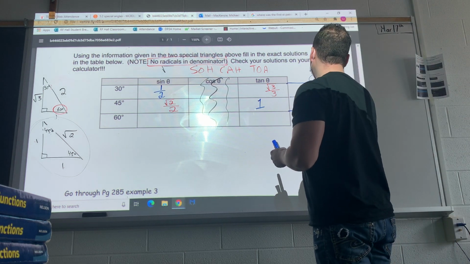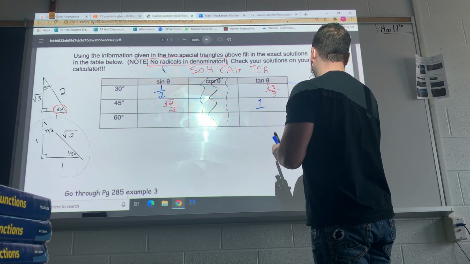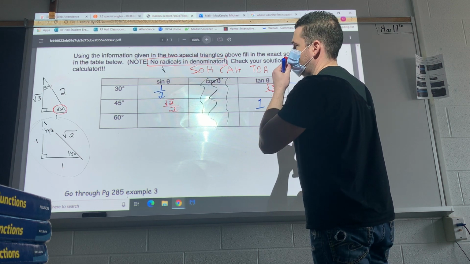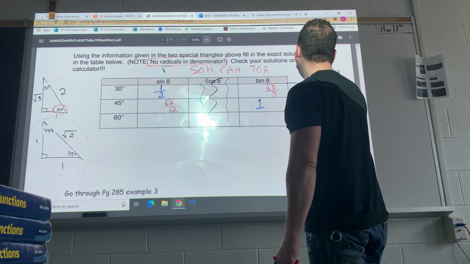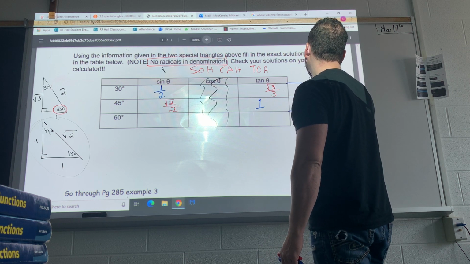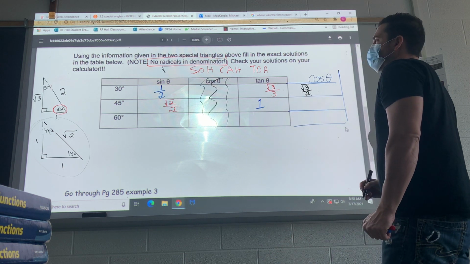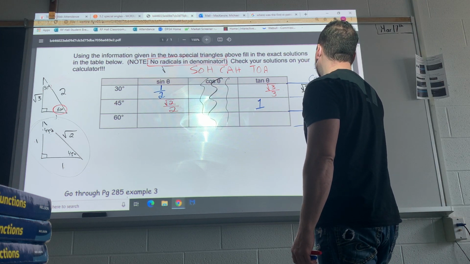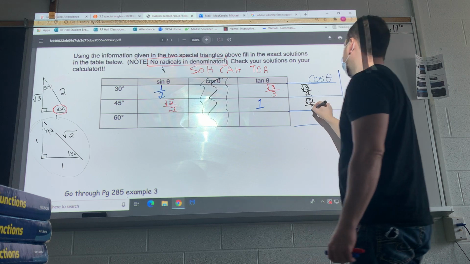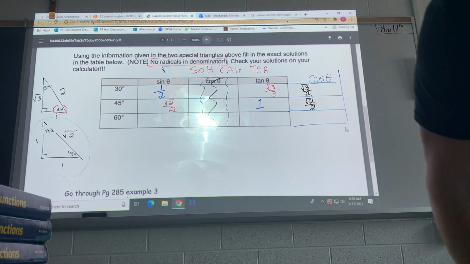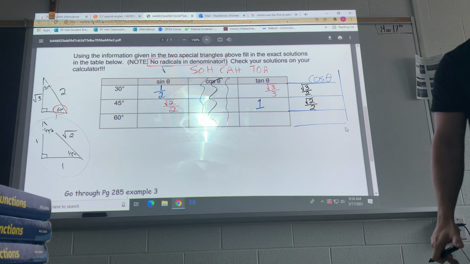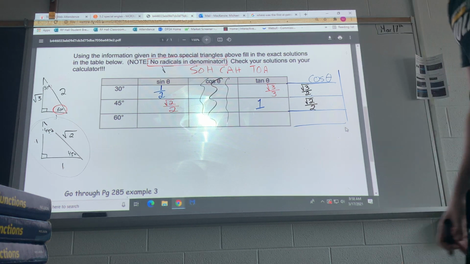I'll write in black for this. Cos 30 was root 3 over 2. Cos 45 was root 2 over 2. Does that help? Okay.